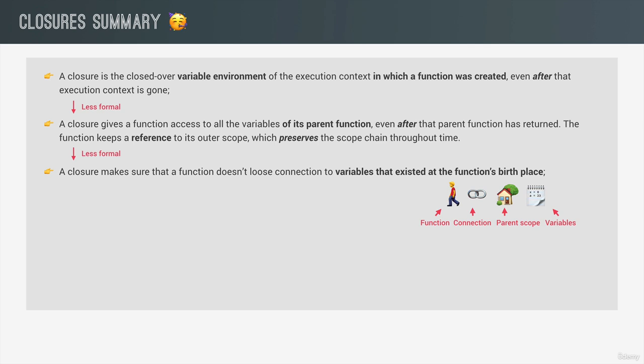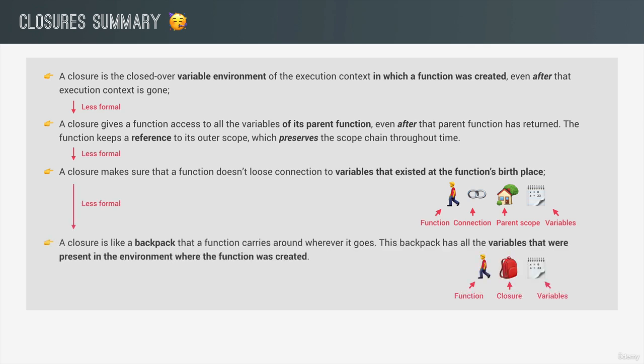Finally, some people like to think of this attached variable environment as a backpack. So in this analogy, a function has a backpack which it carries around wherever it goes. And this backpack contains all the variables that were present in the environment in which the function was created.